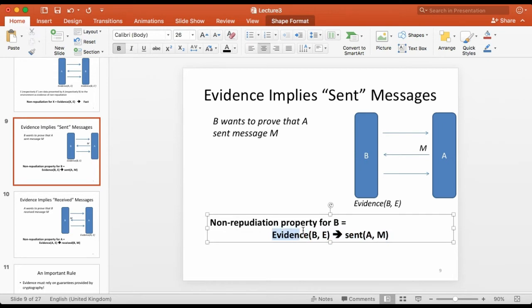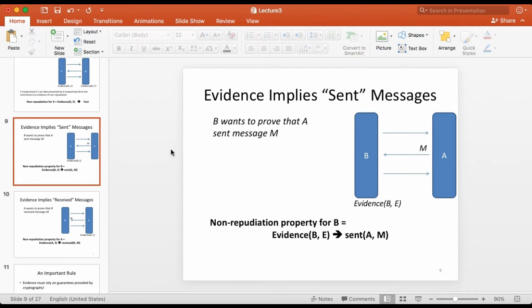That's B's goal, to accumulate as much of this evidence as possible from its participation in the protocol to be able finally to conclude that A was the entity that indeed sent M. So that's what B wants to prove in a setup like this one.